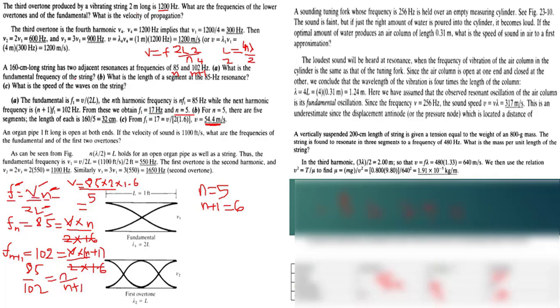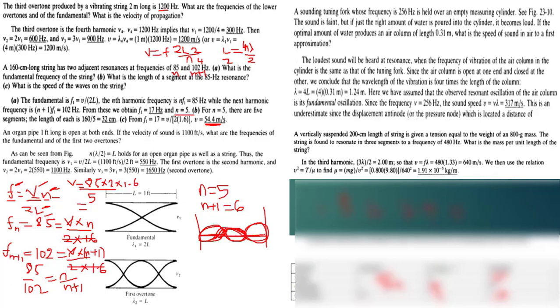So the final part is asking what is the length of a segment of the 85 hertz resonance. Ukiambiwa length of segment wanamaanisha katika ule mchoro wako kama huu. Sawa? So as you can see, this is the first segment, second na third. So they want the length of this segment.